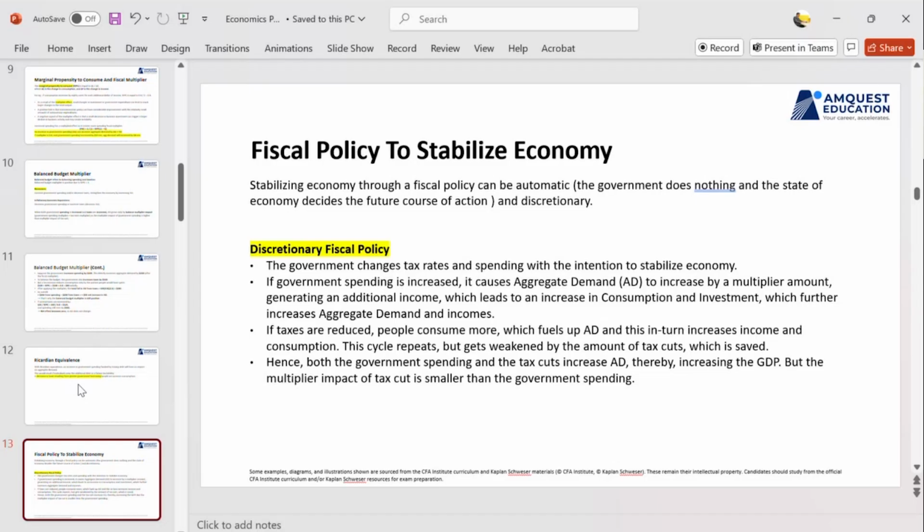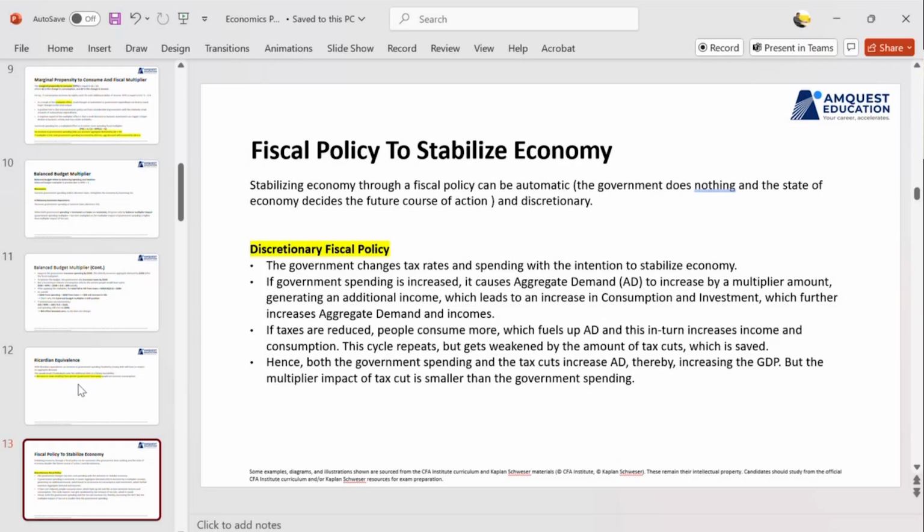So that's discretionary, where everything is done in order to cause an increase in aggregate demand, because that depends on the change in the government spending and the multiplier. So the bigger the multiplier, the bigger the change, the greater is the increase in the overall aggregate demand. Clear? That's why it's called discretionary, because it has a discretion and the impact is more direct.